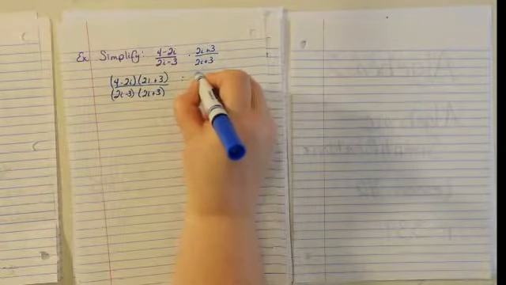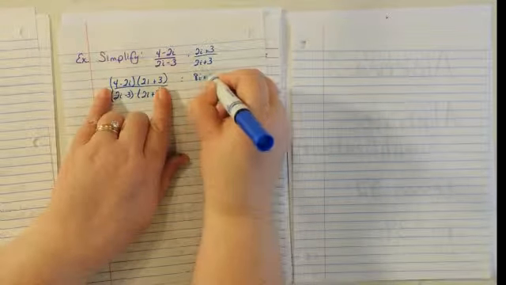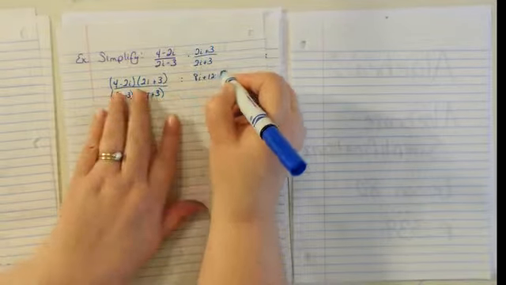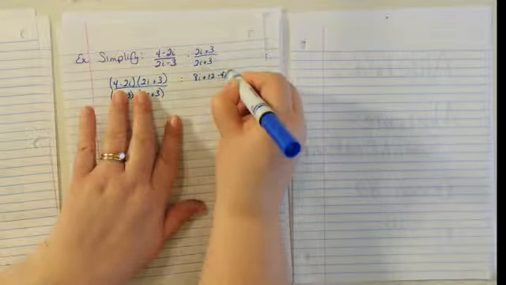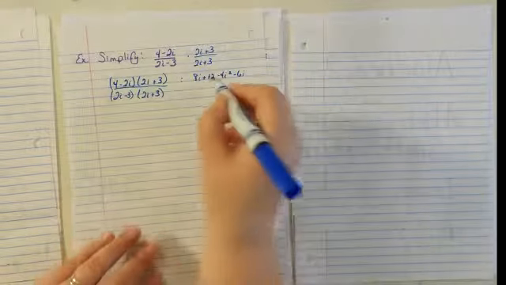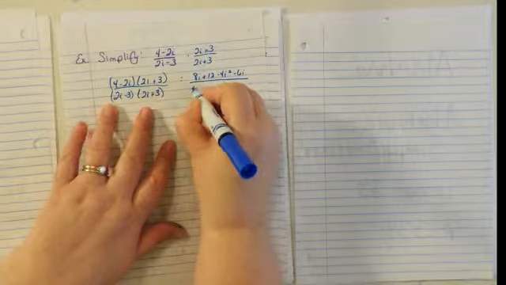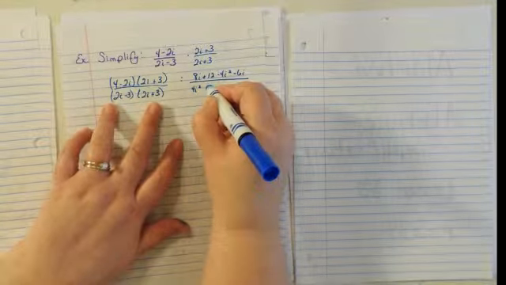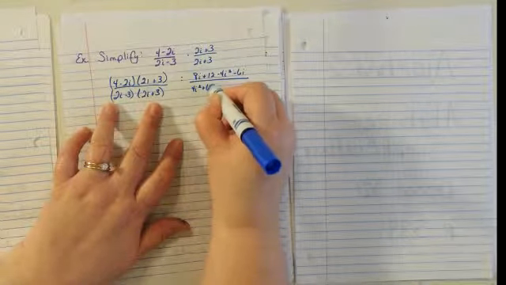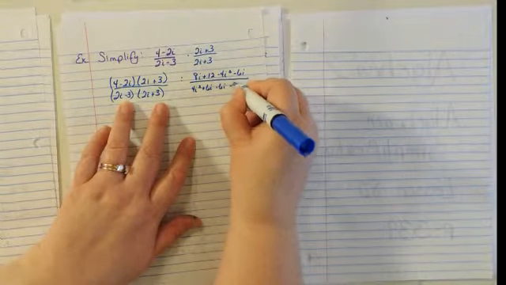Okay, this is going to be 8i plus 12 minus 4i squared minus 6i, all over 4i squared plus 6i minus 6i minus 9.